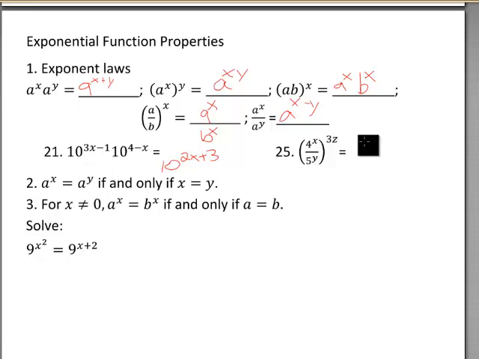So we have 4 to the x, and that's going to be raised to the 3z, over 5 to the y, also raised to the 3z. And now we use the second property to multiply these exponents. So this becomes 4 to the 3xz over 5 to the 3yz.